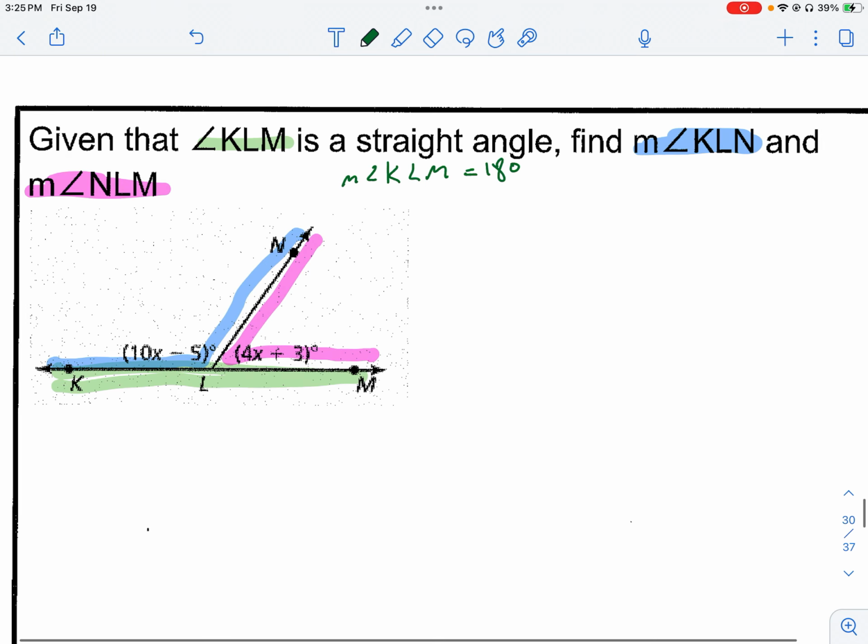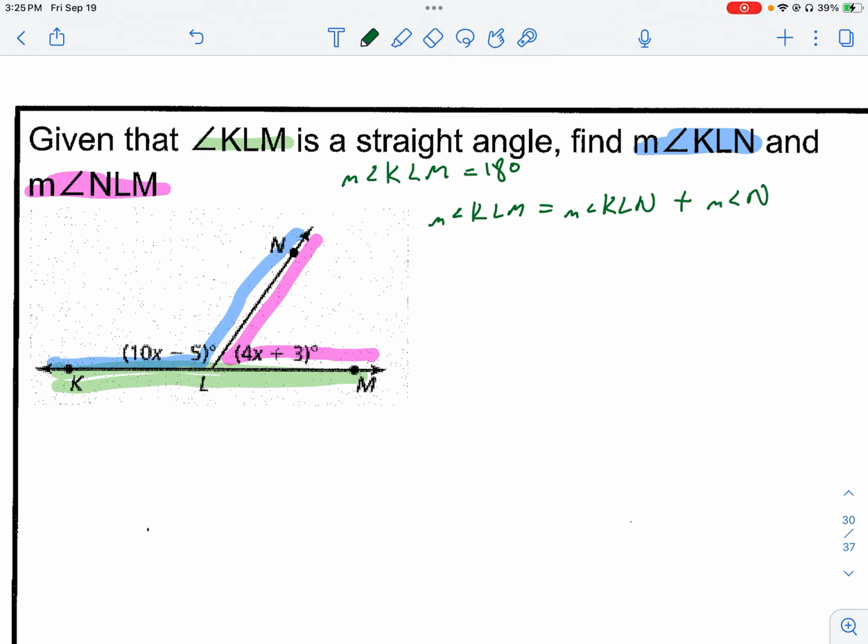So the measure of angle KLM is the measure of the two smaller angles added together. So the measure of angle KLN plus the measure of angle NLM. Well, the measure of KLM is 180 degrees.